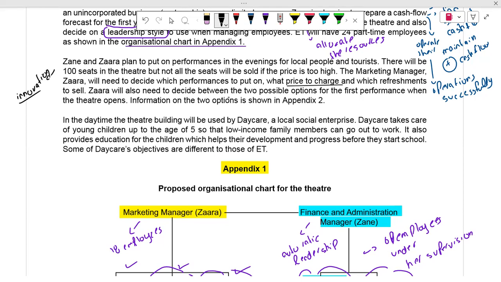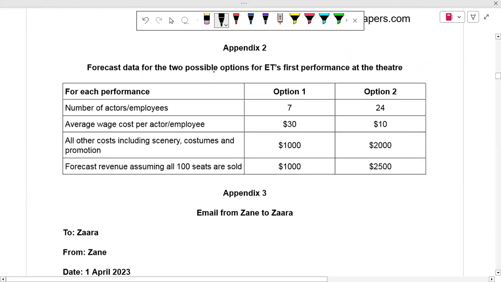Zara will also need to decide between the two possible options for the first performance when the theater opens. Information on the two options is shown in Appendix 2. Okay, so there is one more piece of information in Appendix 2. As you can see, Appendix 2 has forecast data for the two possible options for ET's first performance at the theater.